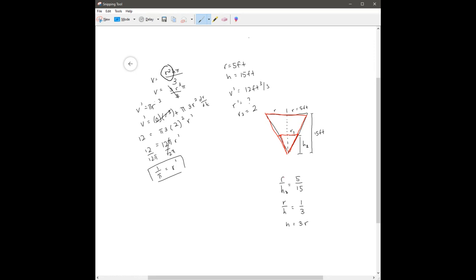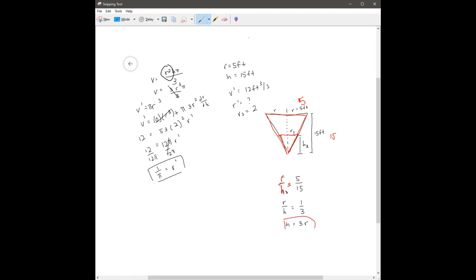So we could set an equation r over h equals 5 over 15. So r over h is 1/3, and then to find the height, you just cross multiply.